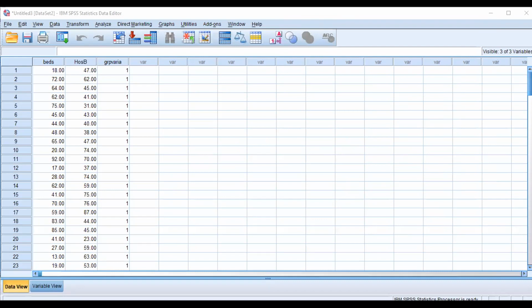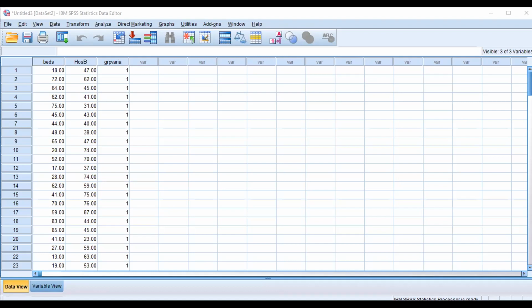So what can we conclude on the basis of that? Our p-value is higher than 0.05. See, 0.79 and 0.792 are more than 0.05. It means we will accept our null hypothesis, that both hospitals have the same bed facilities.